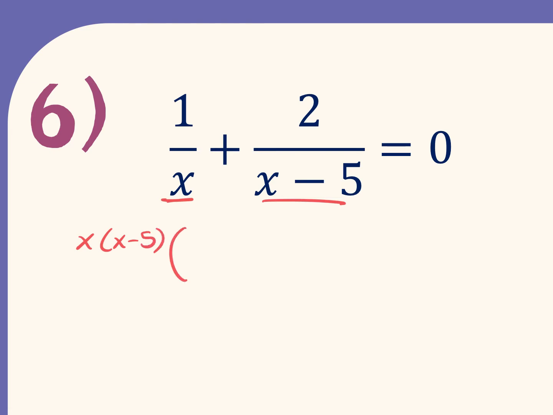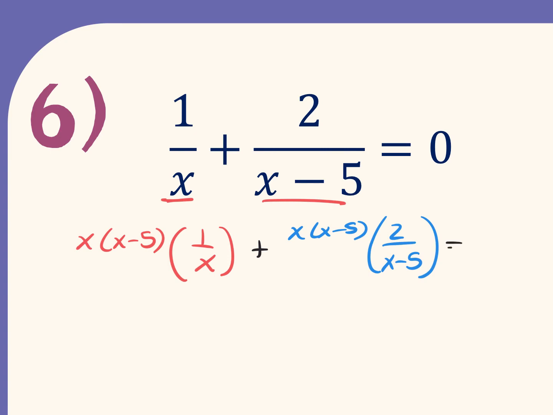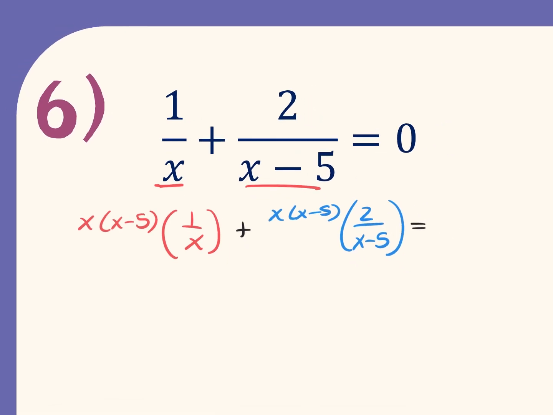So I'm going to multiply that to the first one, to the next one, and to the answer. However, if you notice, we're multiplying it by a 0, and 0 times anything is just a 0. So really, I don't need to show that, but I will.